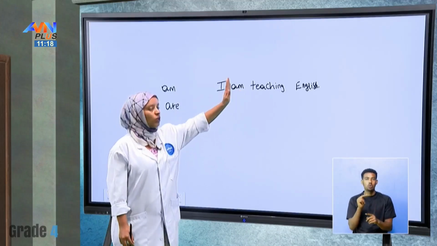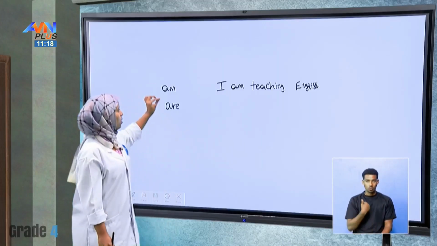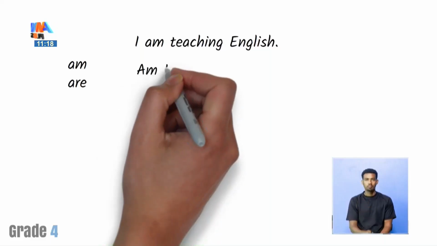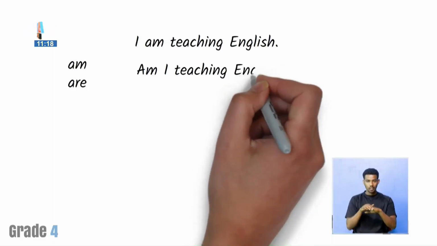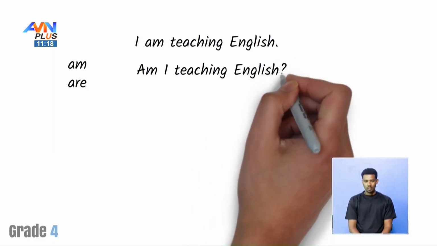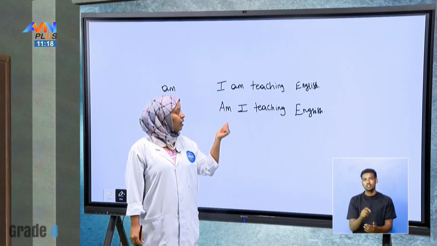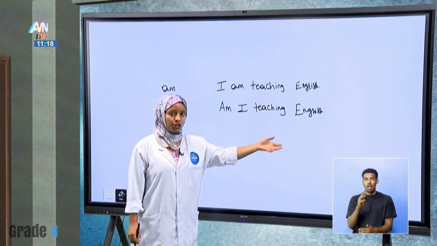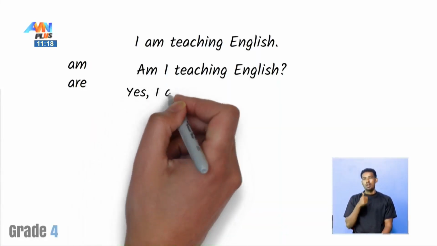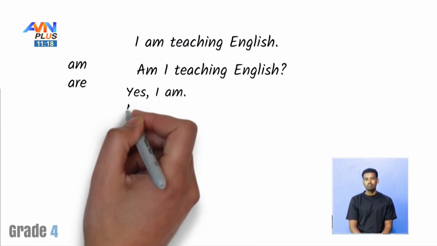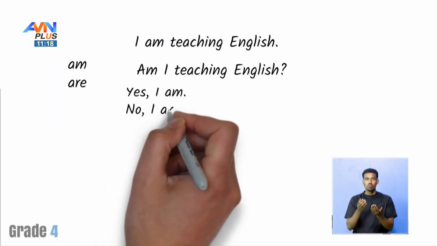Let us change it to a question. We easily use am. Am I teaching English? This is a question. Yes, comma, yes, I am. And if we want to make negative, no, I'm not.